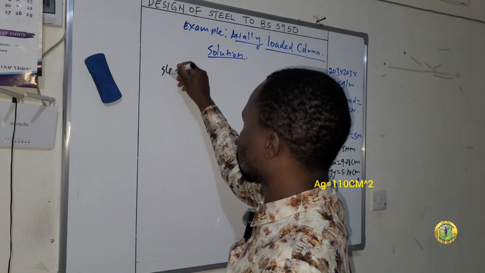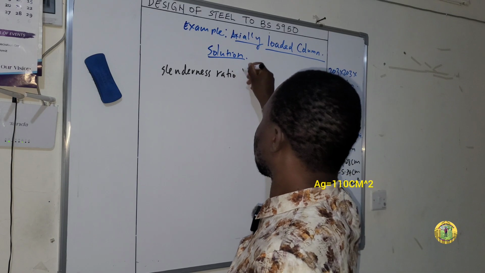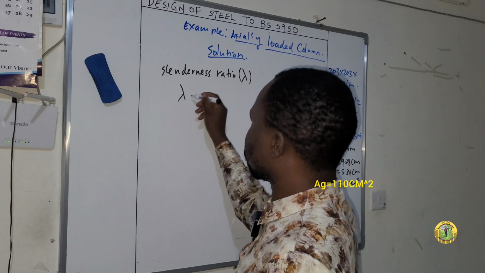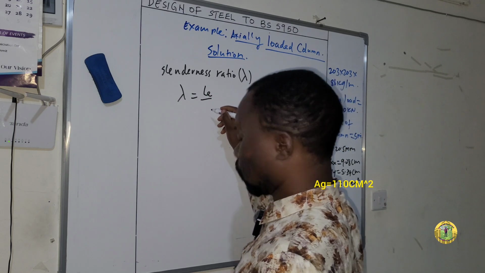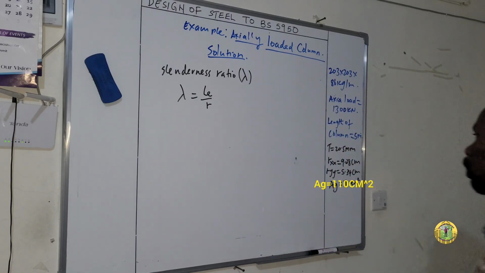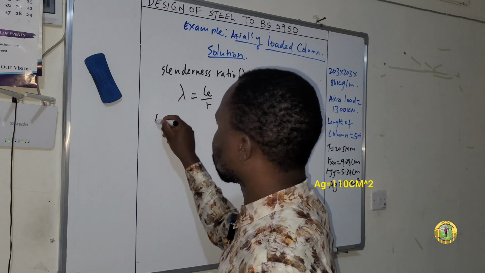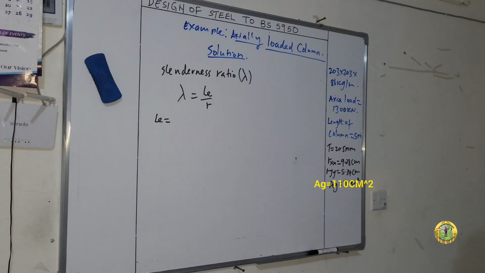So the slenderness ratio is given by LE over R. It can be RXX or RYY. LE is the effective length, and for our case, our column is pinned at both ends.